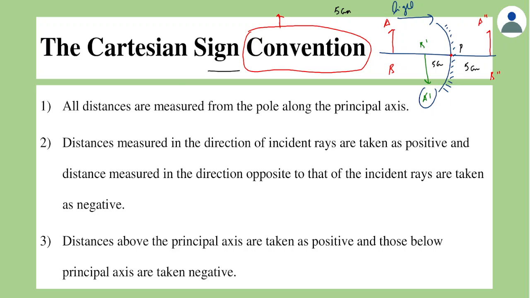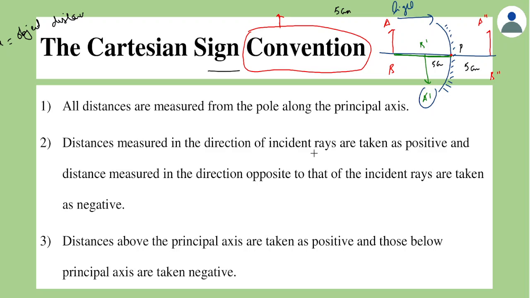Now to measure the distance between the object and the pole, we start from point P and go towards point B, because the reference point is the pole. The distance between the pole and the object is called the object distance U.